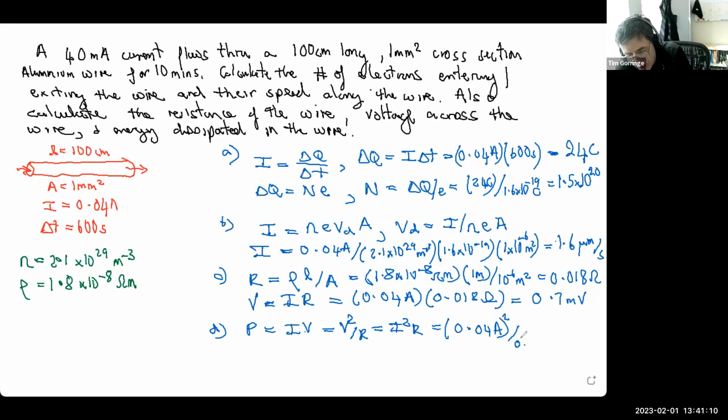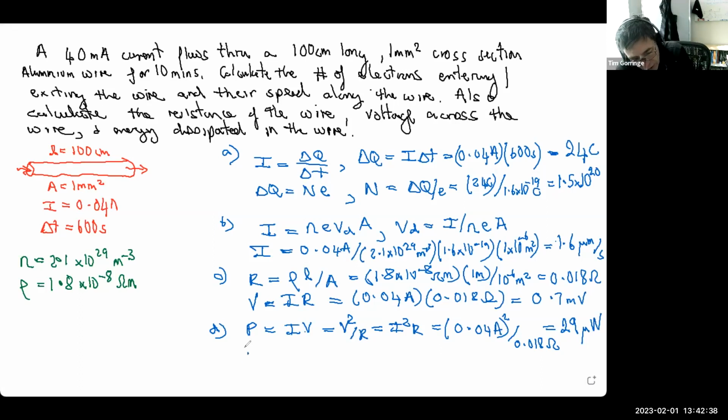That was 0.018 ohms. So if I calculate this quantity, I got a value that is 29 microwatts. So it's 29 times 10 to the minus 6 watts. That's the joules per second being dissipated in the wire.